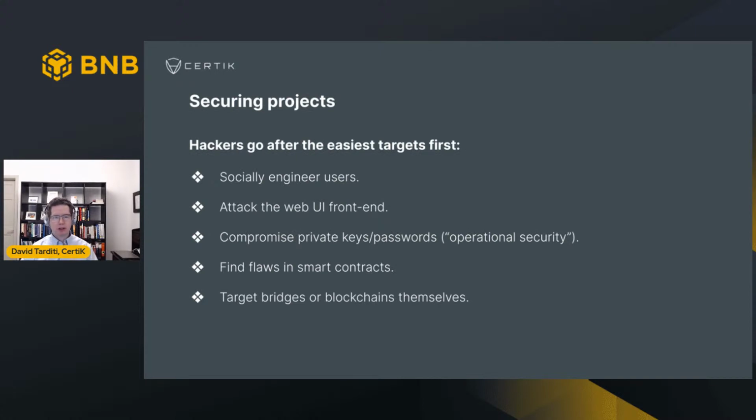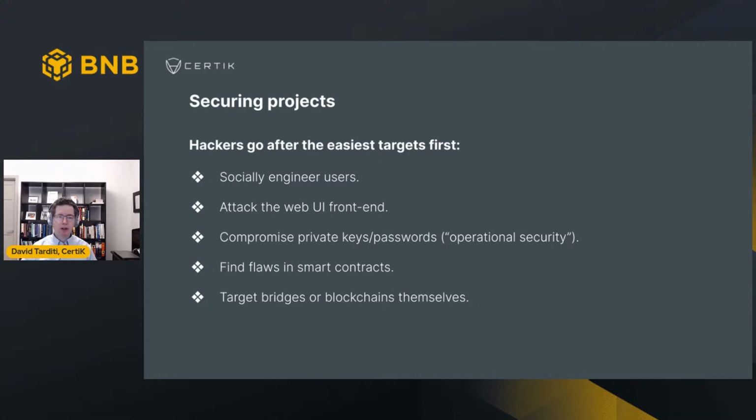Just to step back, I want to put you a little bit in the mindset of how a hacker thinks. If you're trying to secure your project, hackers go after the easiest targets first. So they're going to look at socially engineering your users. They're going to try to attack your web UI front end. They might try to compromise your private keys or passwords. This is also called operational security.